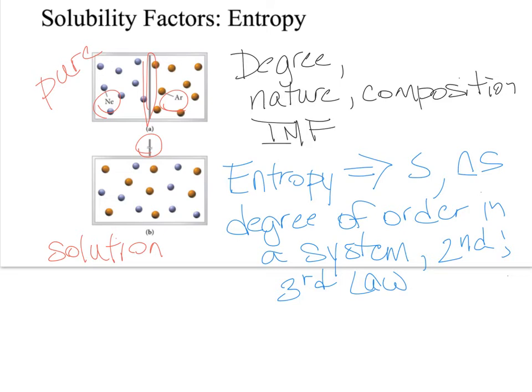Well, they're in the gas phase. These are noble gases, and so they're going to be moving around, bouncing off the walls of the container. And then when we put them together, they're going to bounce off of each other, bounce off the wall, and it's going to spontaneously mix. It's kind of what we saw with our food color and water.